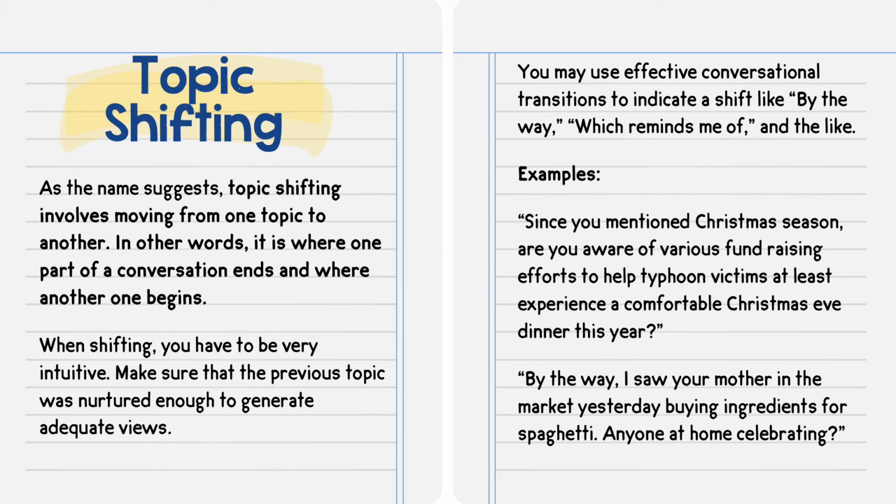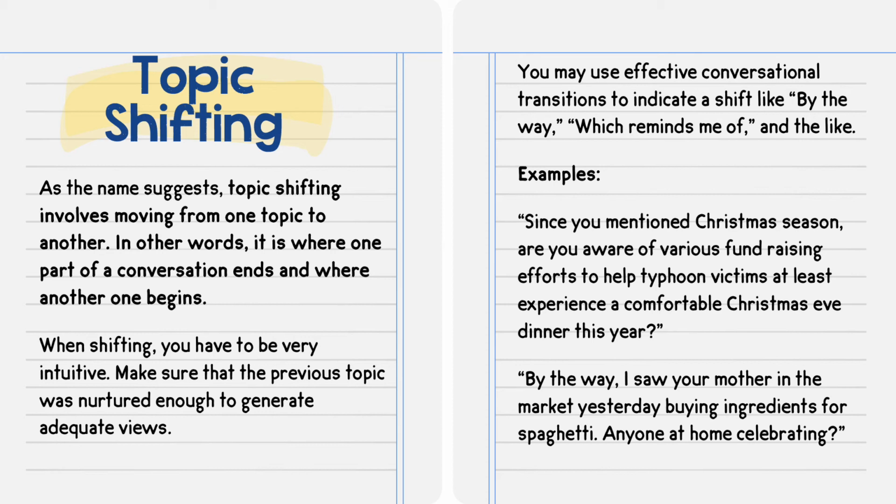Okay, so you may use effective conversational transitions to indicate a shift like, by the way, or which reminds me of, and the like. Okay, so examples. Since you mentioned Christmas season, are you aware of various fundraising efforts to help typhoon victims at least experience a comfortable Christmas Eve dinner this year?